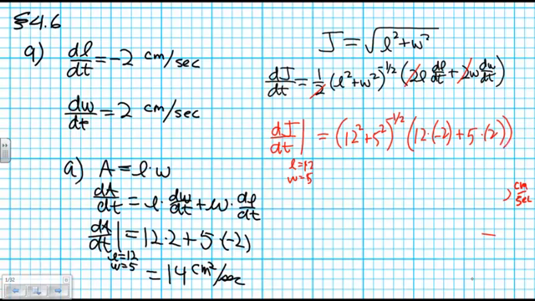Plugging and chugging there. 144 and 25. 169, great. 1/13. Negative 24 plus 10, back to 14. This indeed is the reciprocal of the square root. Well, the square root of 169 is 13, so this is going to end up being 14 over 13. And it is going to be in centimeters per second.